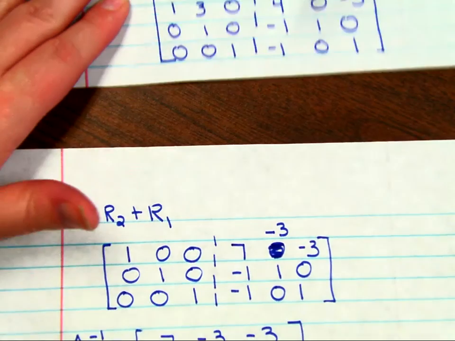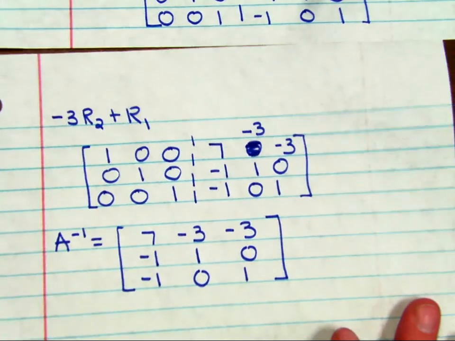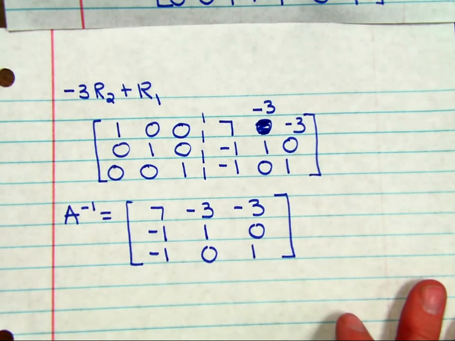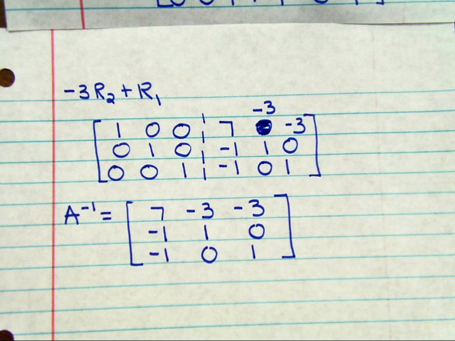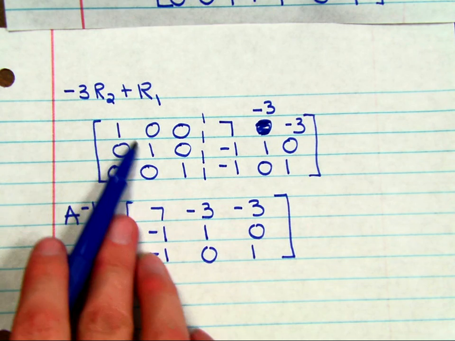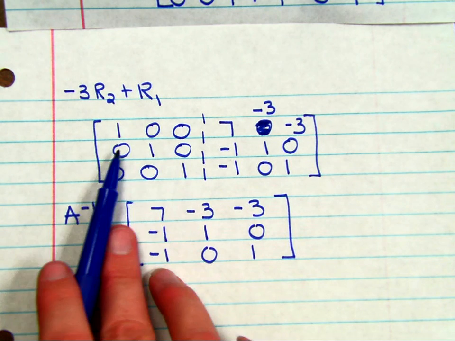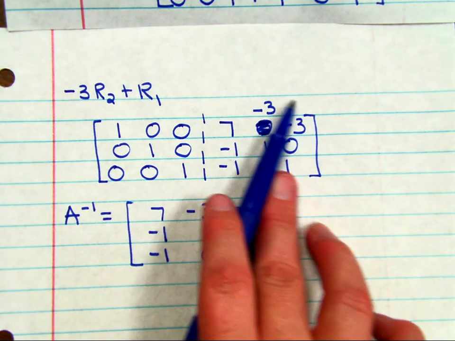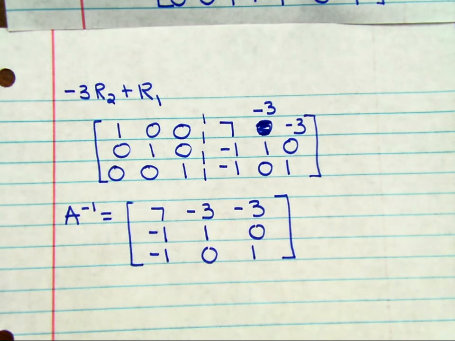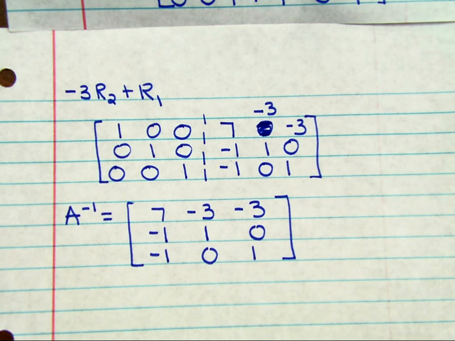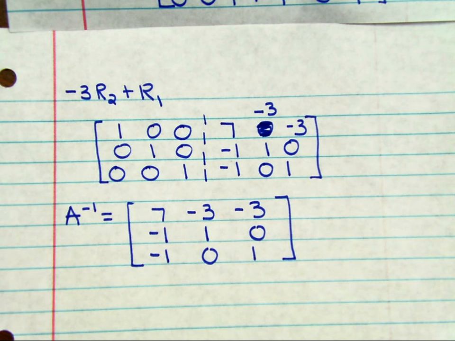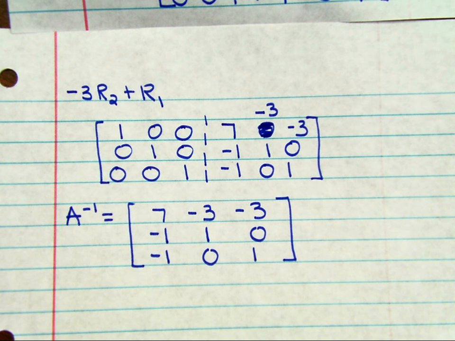So you have just found the inverse of matrix A because your left-hand side has all of the 1s and your right-hand side represents your inverse of matrix A. This is going to be very helpful for you when we start to try to solve systems of equations again using the inverse and then the identity.